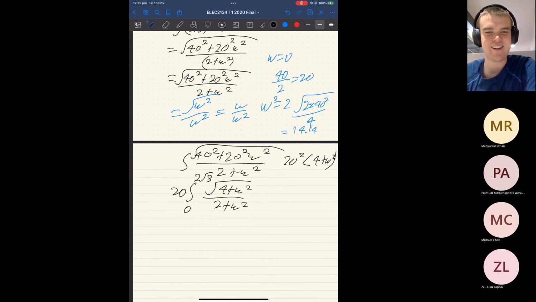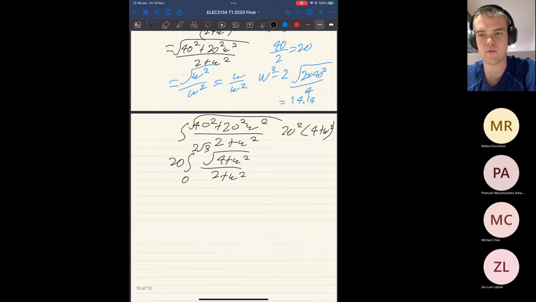It's not very nice to integrate, is it? Looking at this, it's sort of like a partial fraction sort of thing. I actually haven't asked, is it an open book or a closed book exam? I think it's open. Okay, well, lucky for you guys.